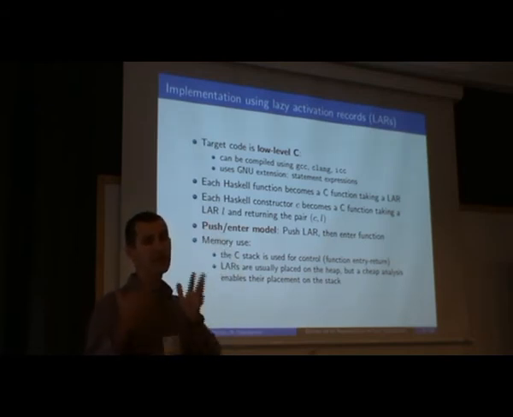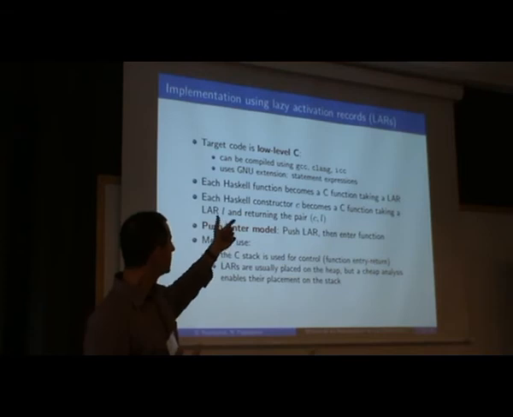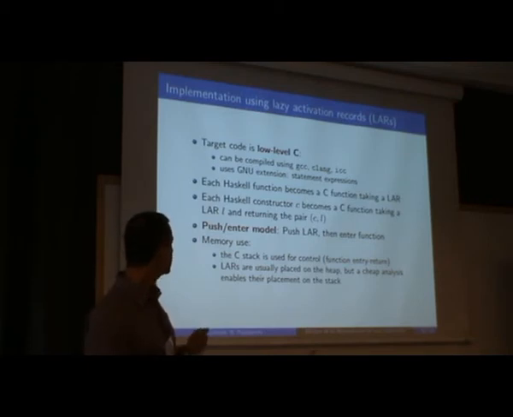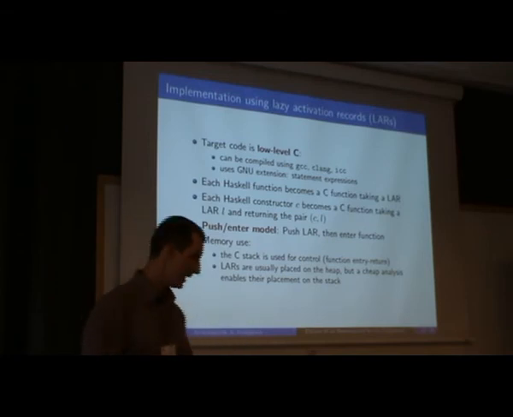When you think of the original Haskell function that we were translating, what you actually do in the execution model is you push a lar to the memory, and then you enter the function code. And actually, lars, lazy activation records, are the only things that exist in your memory here. You don't have any other representation for data type values. You just have lazy activation records.